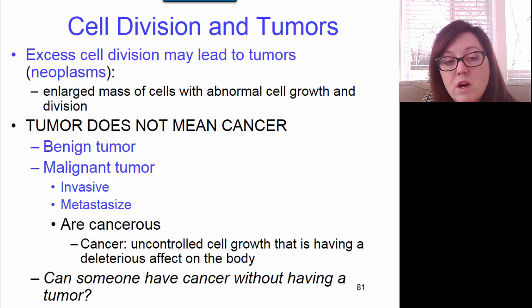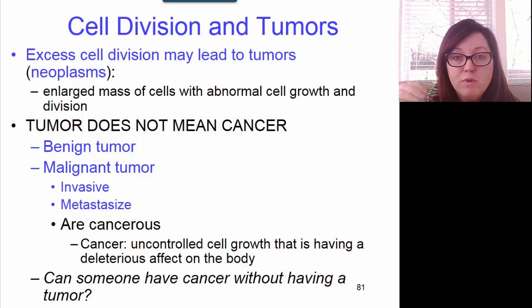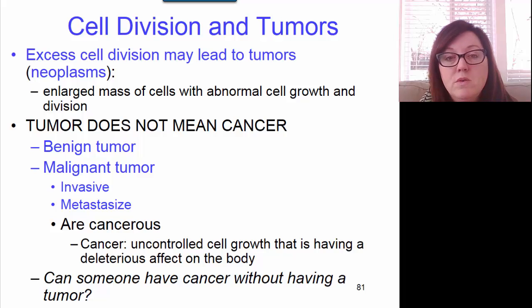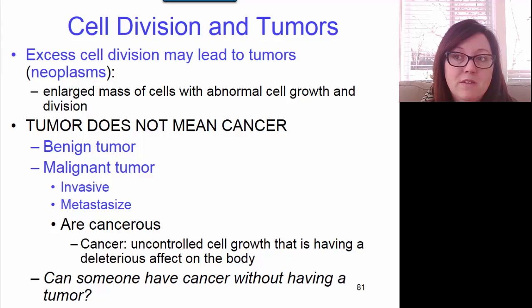Some tumors are malignant because they metastasize. What that means is that some tumors shed cells, and these cells travel through body fluids and then get stuck in another place, and then they start growing new tumors in that new location. So an example of this would be lung cancer. Lung cancer is highly metastatic, right?